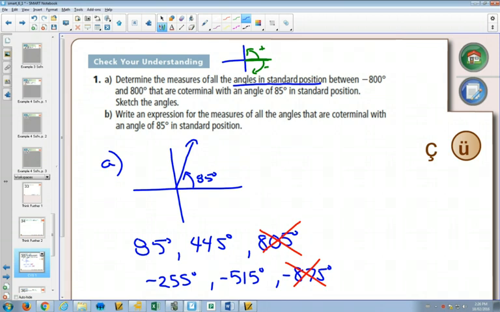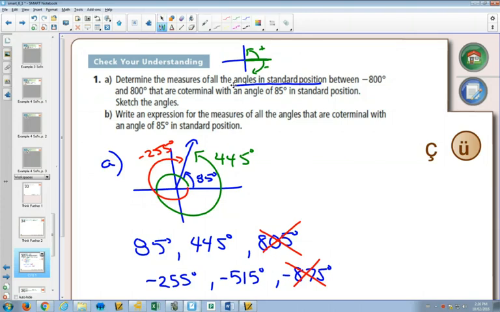And if we wanted to show those, well, 445 would go all the way around once and then end in the same spot. If we wanted to show negative 255, that would start again at the positive x-axis and then go until it ended at the same place.